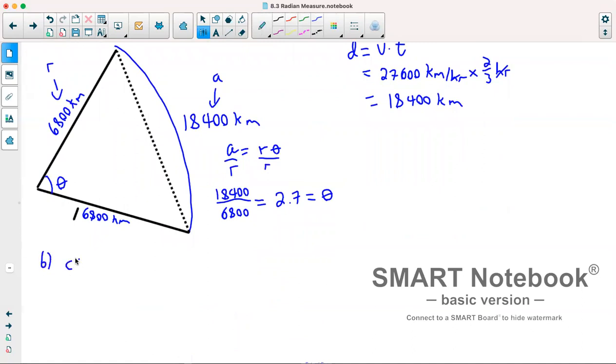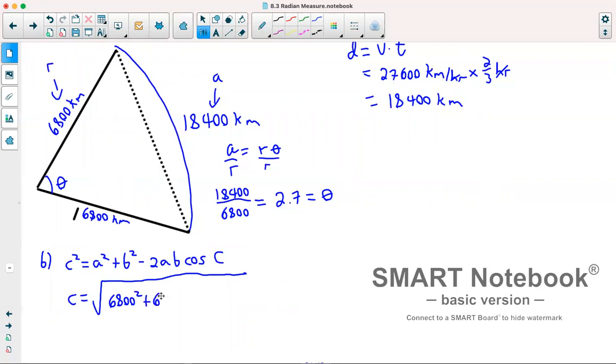So for part B, we're doing c squared equals a squared plus b squared minus 2ab cos of C. So we have essentially c is equal to the square root of 6,800 squared plus 6,800 squared minus 2 times 6,800 times 6,800 cos of 2.7, making sure our calculators are in radians, and that gives us c is equal to 13,270 kilometers.